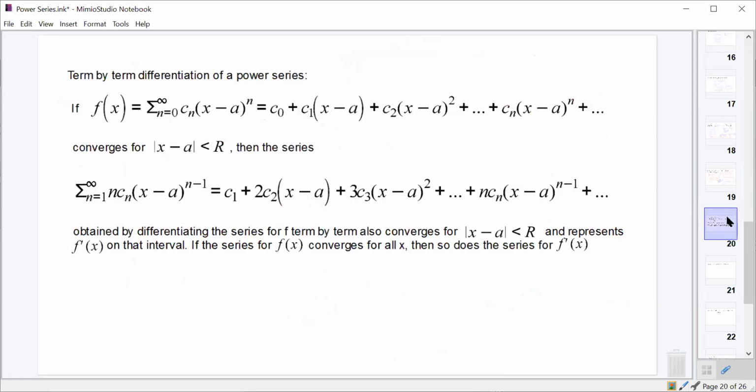You can do it centered around 0, or around any a value that you want. And the new series will always converge on the exact same interval as the old series. Good or no? I'm assuming a few people probably want to write that down, so I'll give you a couple of seconds here to write that down.